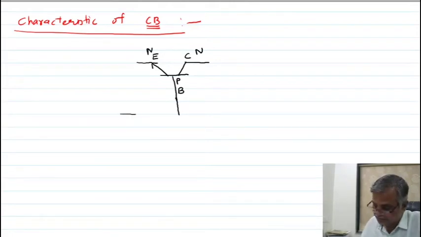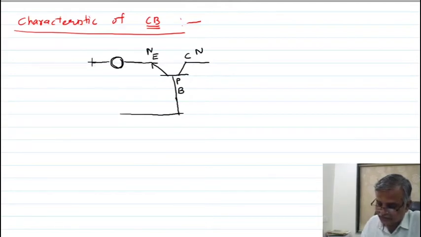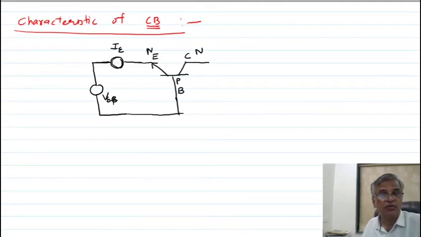Please remember one thing. Emitter current is outside. To measure the current, I am connecting the current meter. To measure the voltage, I am connecting the voltmeter between emitter and base, because I want to see the relation between input current and input voltage.